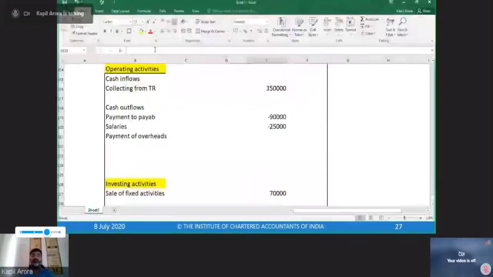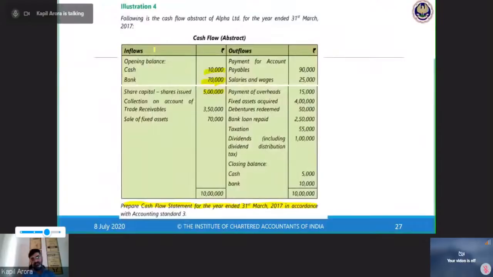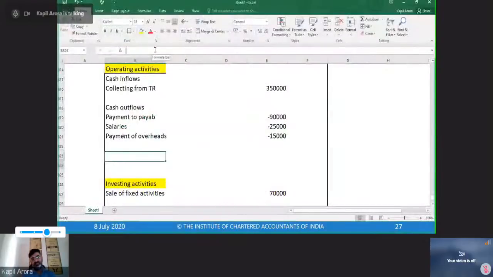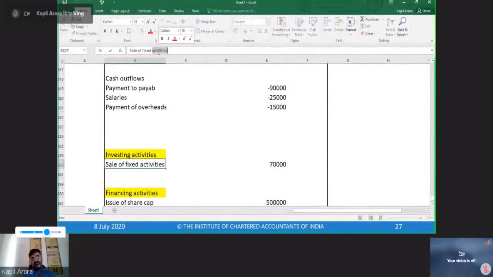Fixed asset acquired, purchase of fixed asset, it is minus 4 lakh.